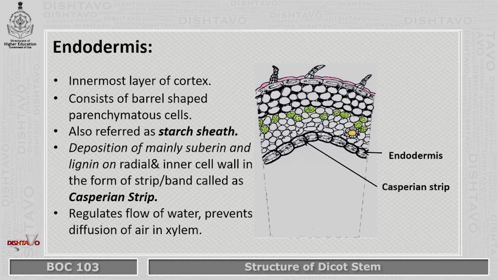Especially it is deposited on radial and inner cell wall or transverse cell wall. Now this band is called Casparian strip. It helps in regulating flow of water in the vascular tissue. That is, it controls movement of water in and out of the vascular tissue. Besides this, it prevents diffusion of air in xylem.